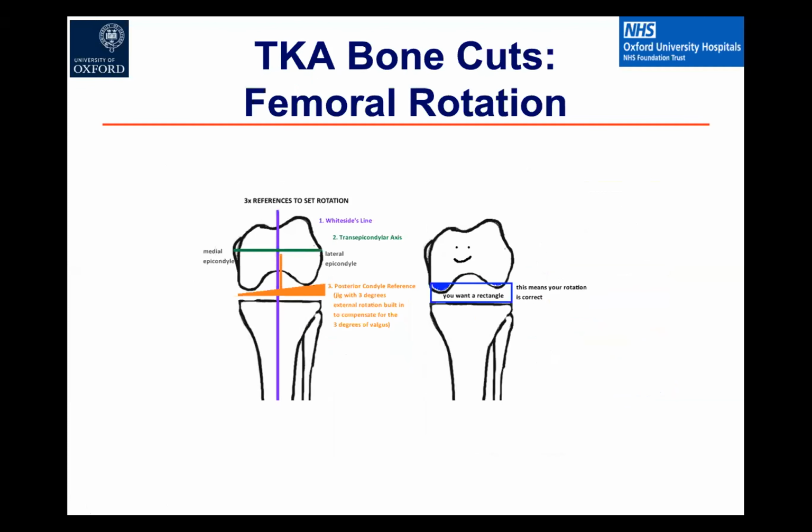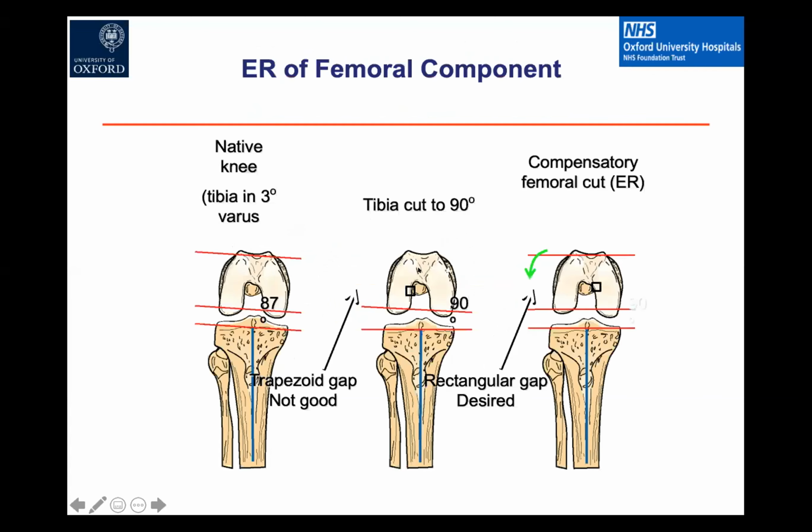What about looking at this again in the axial plane? What you want to be able to do is to have a rectangular flexion space, and you again use what we said, your Whiteside's line, transepicondylar axis and posterior condylar reference line, to be able to gauge your rotation, and by externally rotating your femoral component, you'll be able to get a rectangular cut.